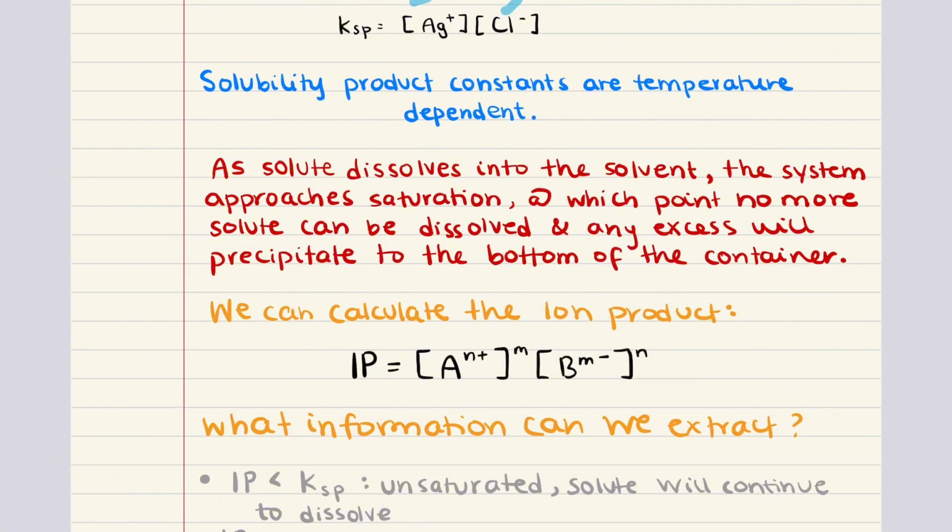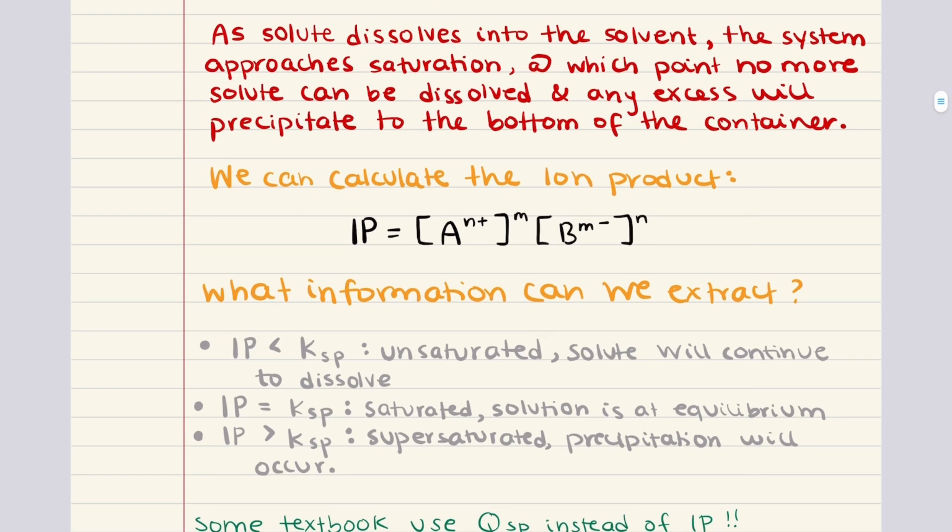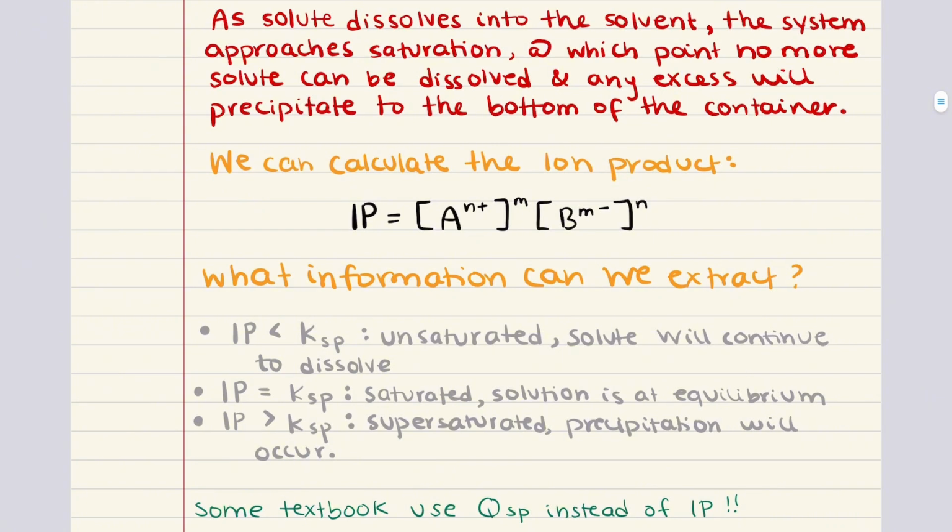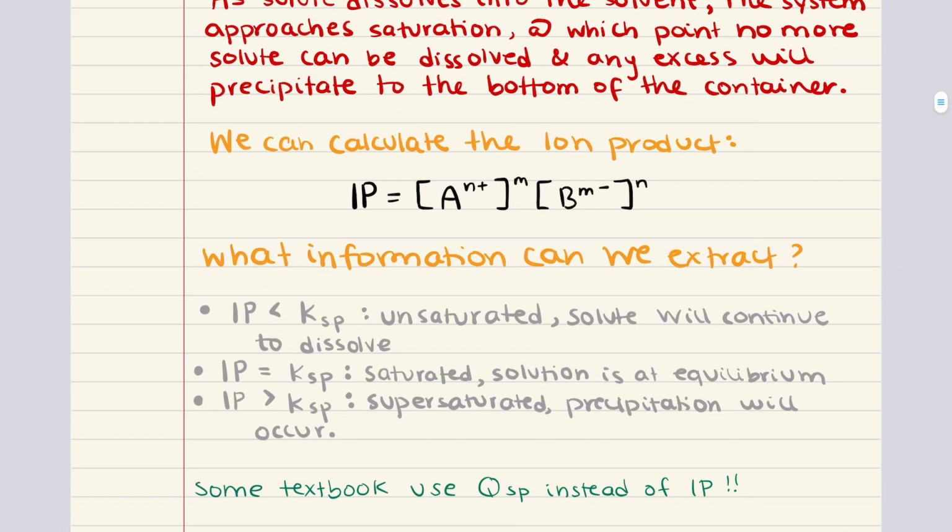To determine whether a solution is unsaturated, saturated, or supersaturated, we use the ion product. The ion product is calculated in the same way as Ksp. And we take that value for our ion product and we compare it to the solubility product constant, Ksp, and that allows us to predict whether precipitation will occur.